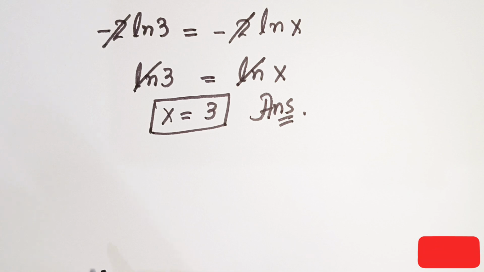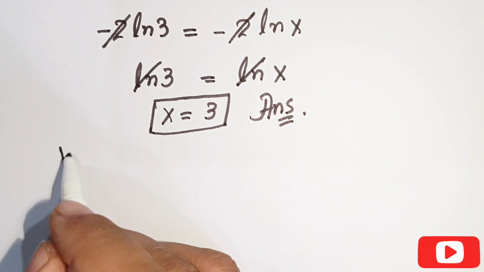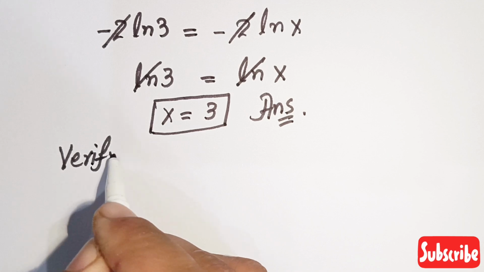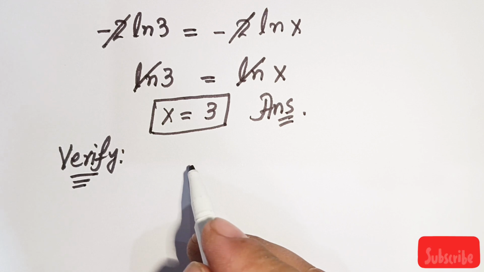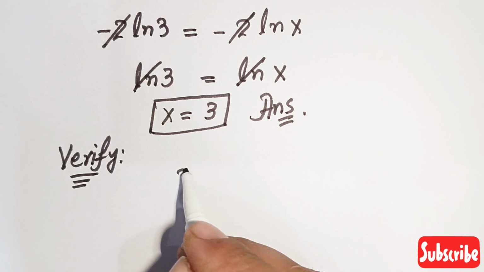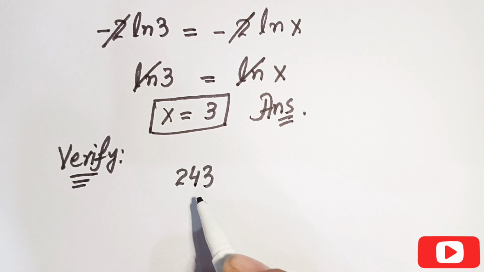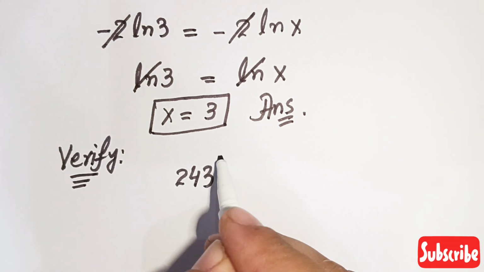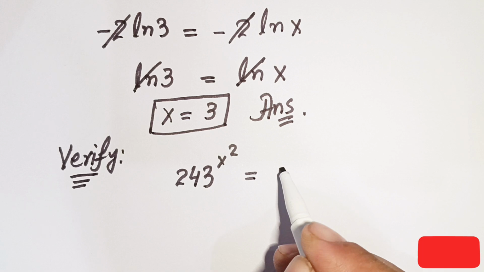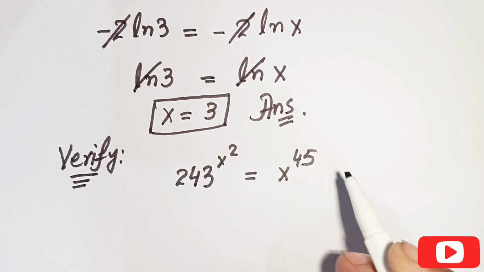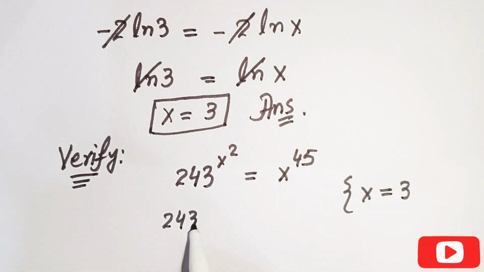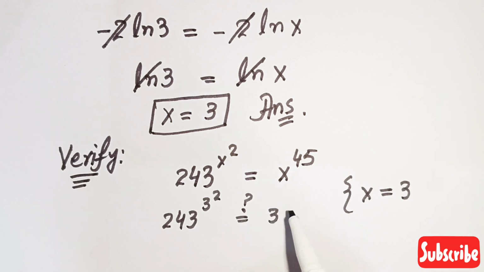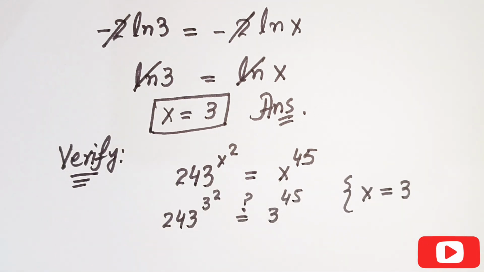So now, to verify our problem, we know that our problem is 243 to the power x squared is equal to x to the power 45. Here the value of x is 3, so 243 to the power 3 squared, is it equal to 3 to the power 45?